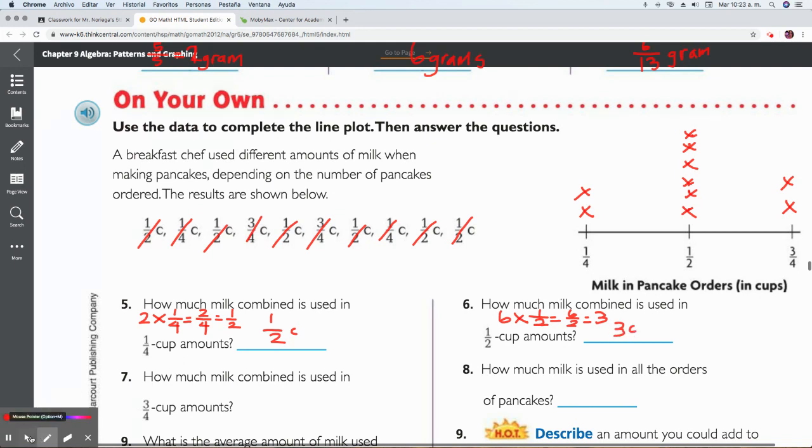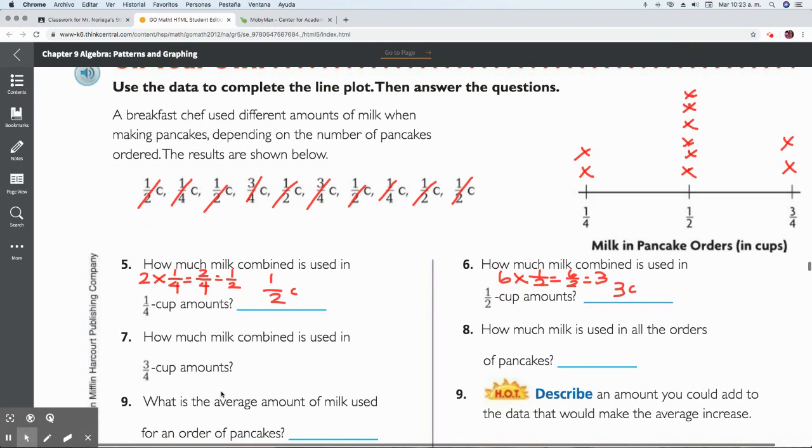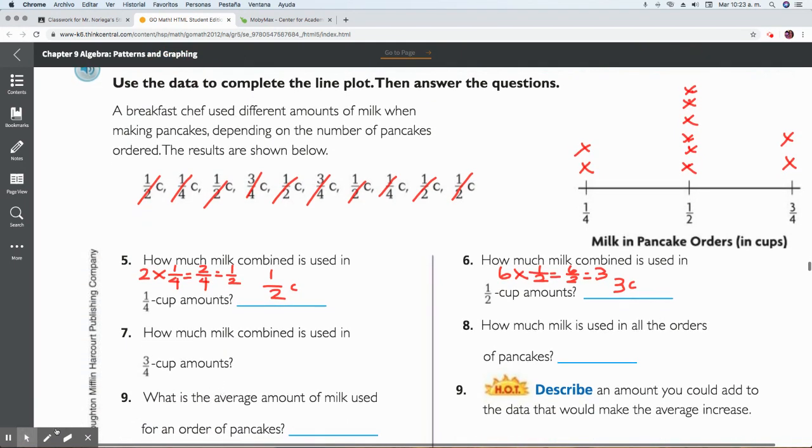Number 7. Maybe let me move this up a little bit. Number 7. How much milk combined is used in 3/4 cup amounts? 3/4 has only 2 x's, so that means that I'm going to multiply the number of x's by the fraction.